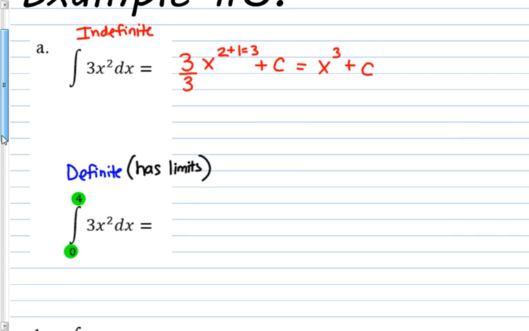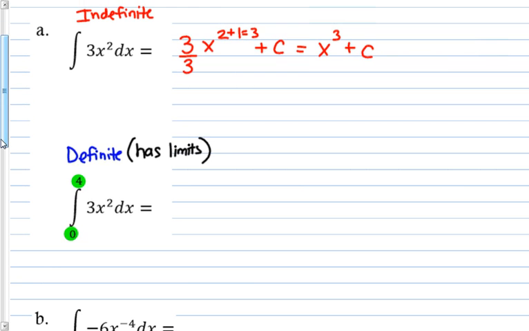And I'm going to go ahead and integrate this. Now we've already done it, right? We did it on top. So the integral of this is x cubed plus c. Now the limits, they work because we have to actually plug them in.